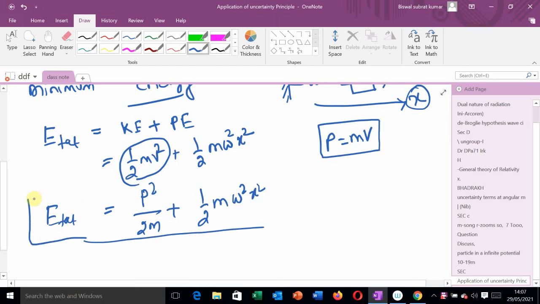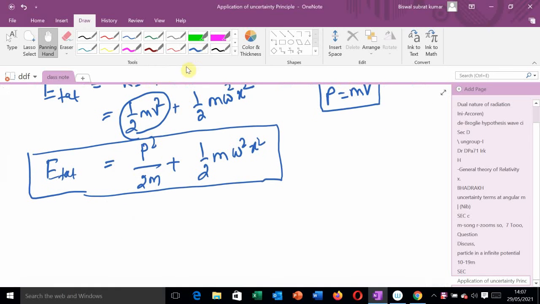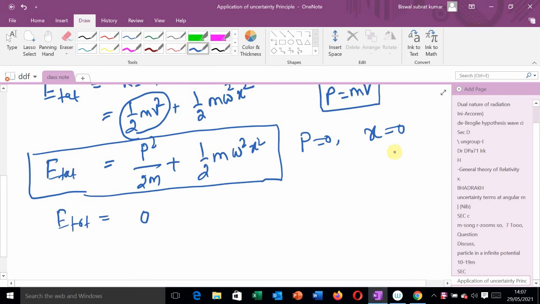Now if you want to calculate the minimum energy of the simple harmonic oscillator, in classical mechanics you can take the momentum p as 0 and x as 0, so the total energy E will be 0. If the oscillator is at rest at the mean position, the potential energy is minimum, which is 0, and rest means the momentum is 0.